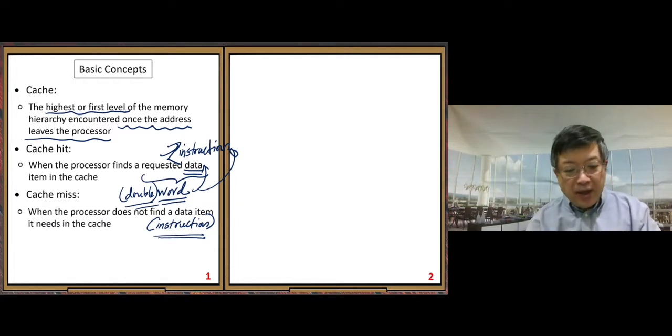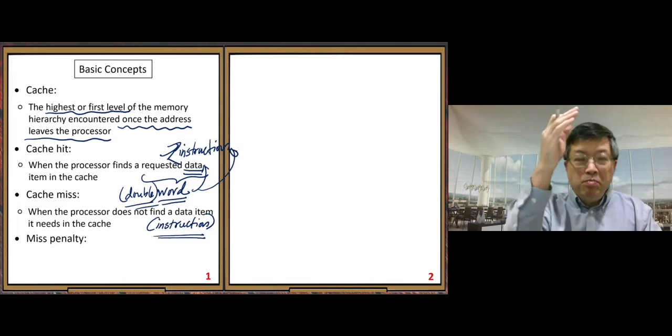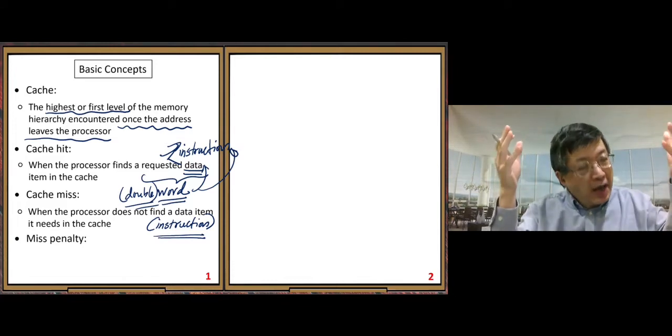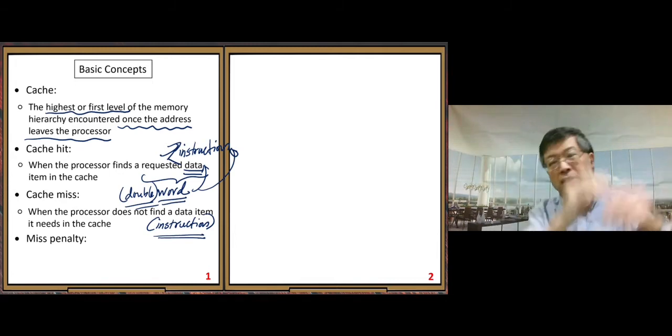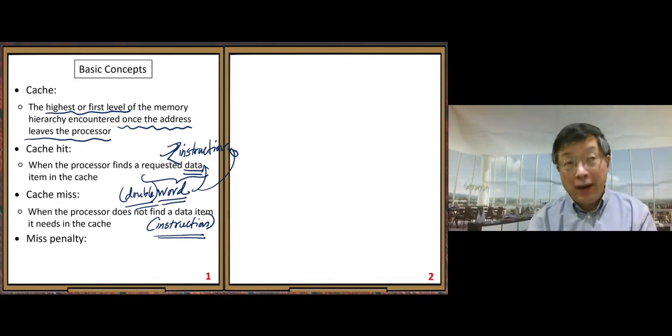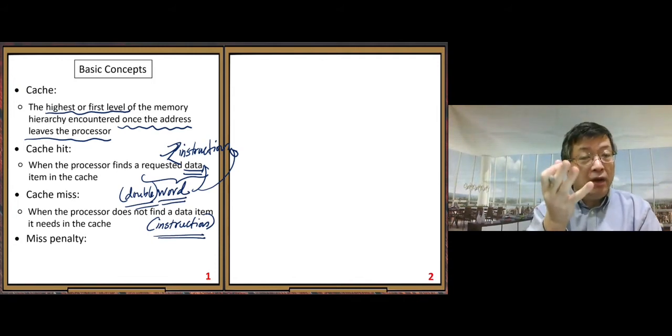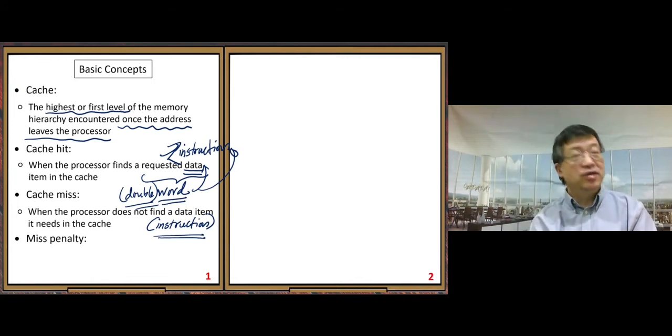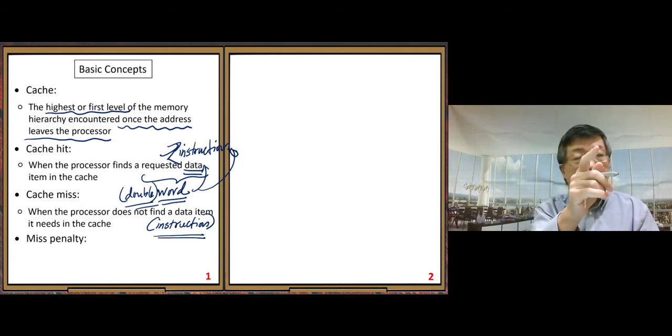Next, our main concept of this part, miss penalty. When you get a cache miss, you need to pay a penalty. So what is the meaning of the penalty you pay? The cost per miss is called a miss penalty. So what's the cost per miss? When you have a cache miss, you couldn't find it in the cache.